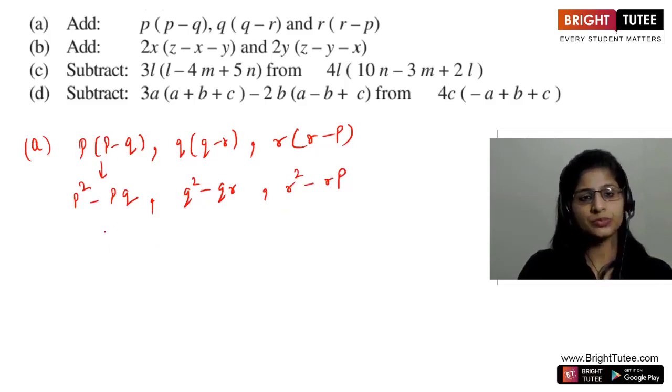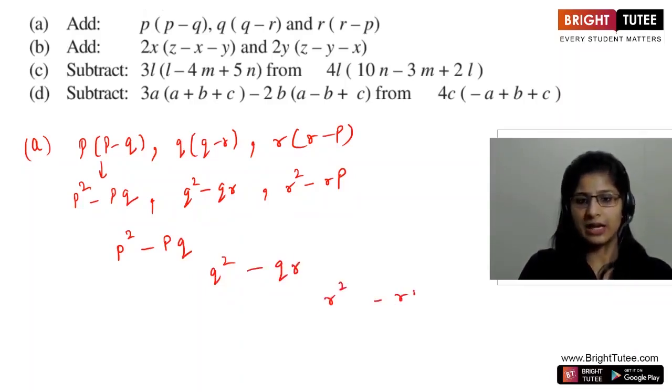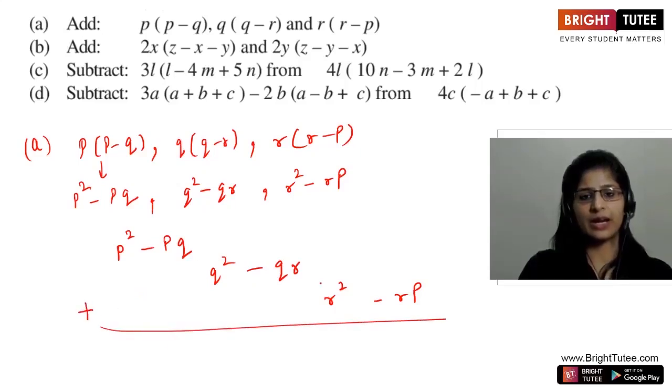Now, let us write the first one, p square minus pq. The second is q square minus qr, and the third one is r square minus rp. Because all the terms are different, they will be written like this. We have to add them.